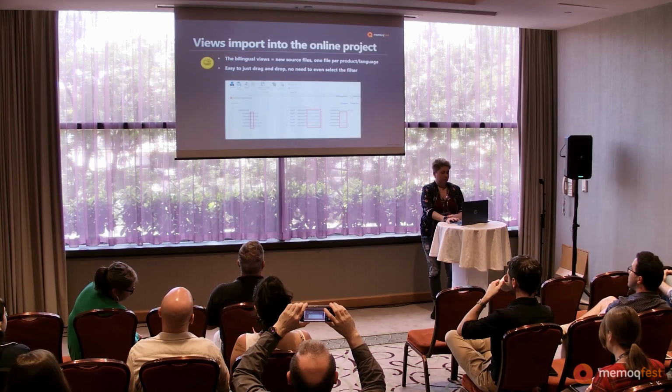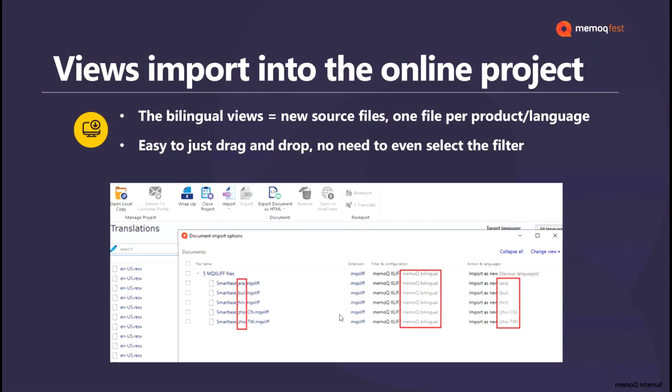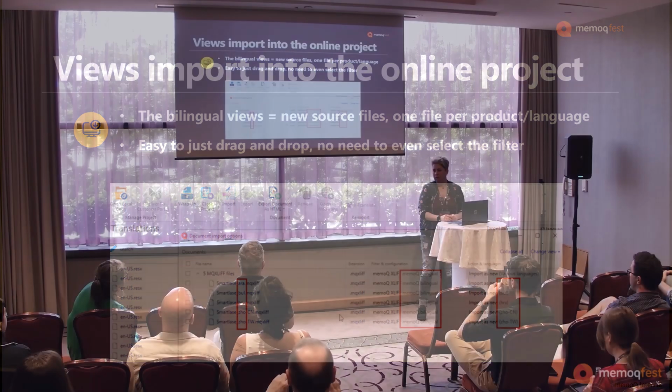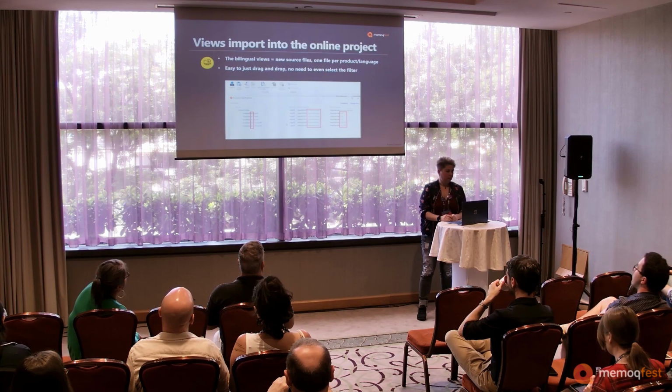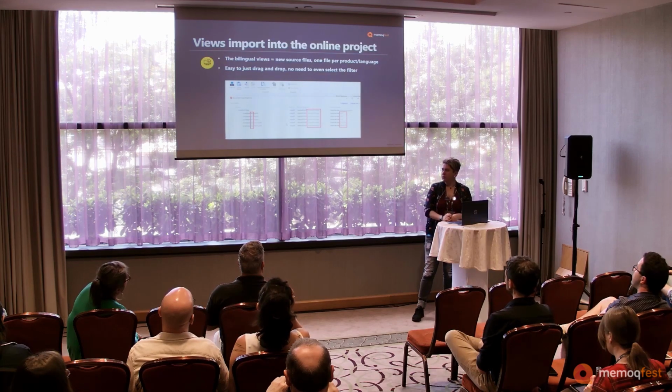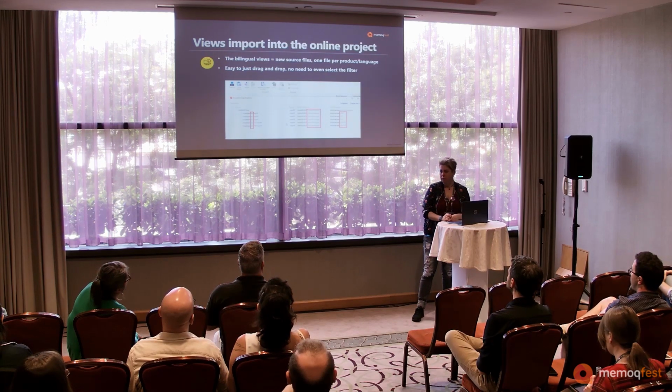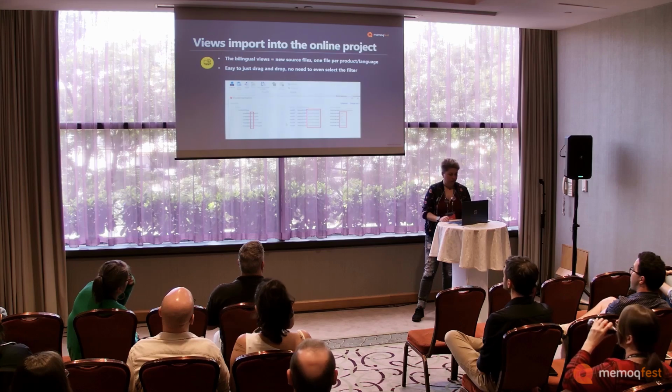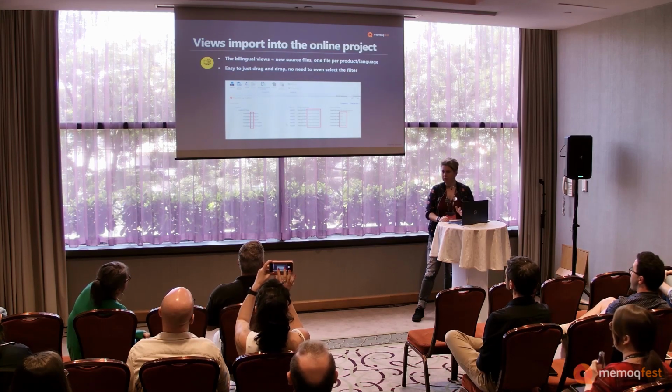And then, as easy as this, they just drag and drop the files into the corresponding online projects. In those projects, translators work on the views. So these bilingual XLIFF files become the new source files. We don't have to rename them, because memoQ does it automatically. No need to change the filter, you just drag and drop.